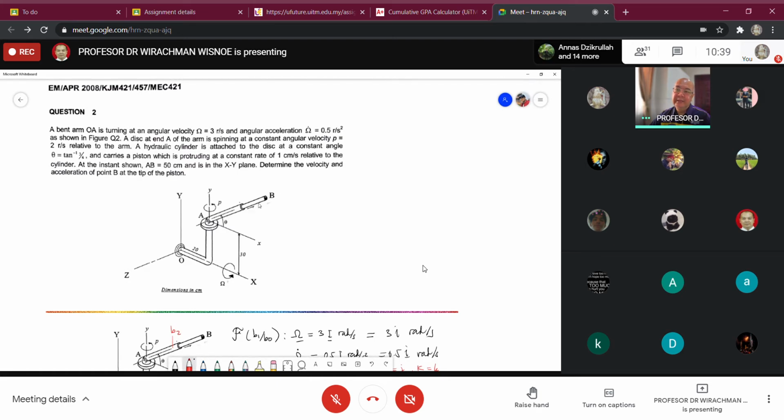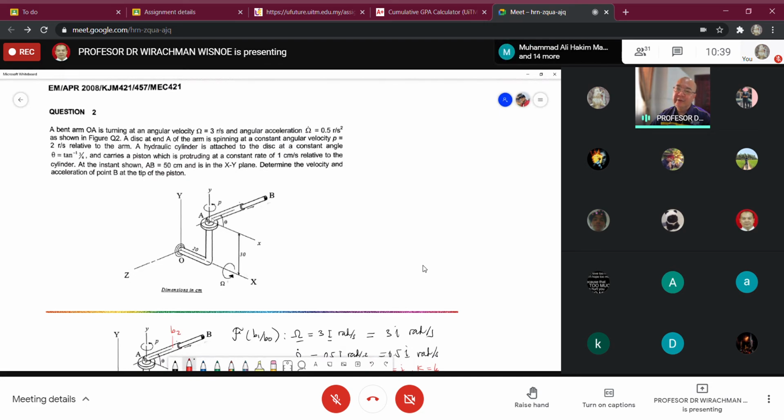On the other hand, this piston B can translate, going in, going out. Okay, so by fixing theta, we have now two rotations and one translation. Two rotations means this one. So this rod can rotate with respect to the capital X axis.